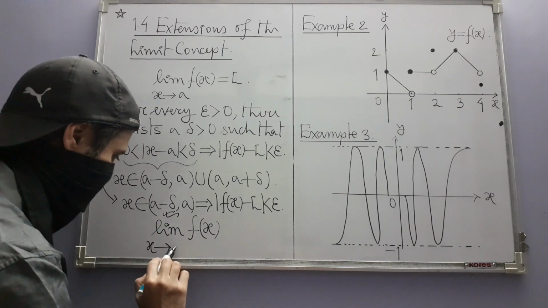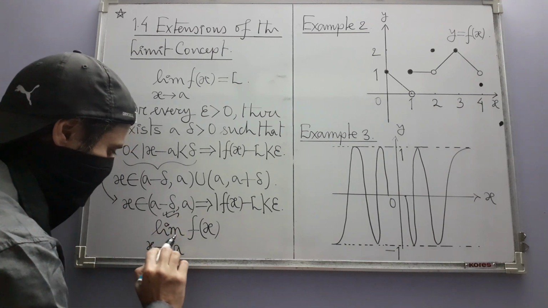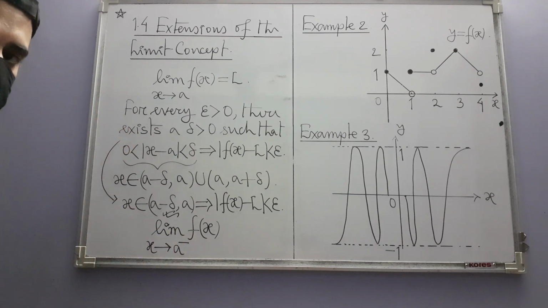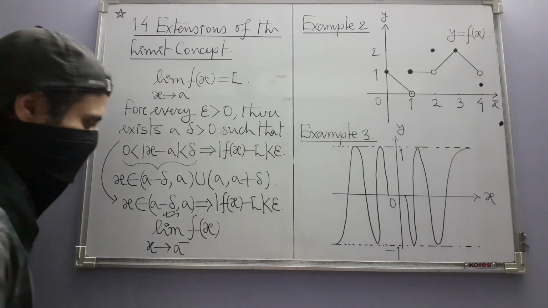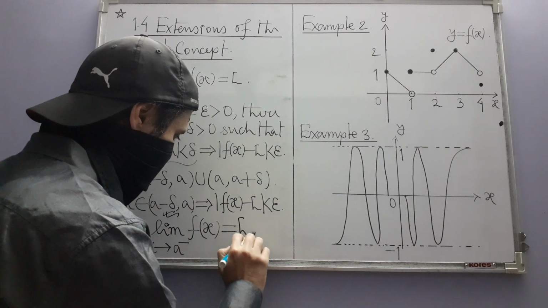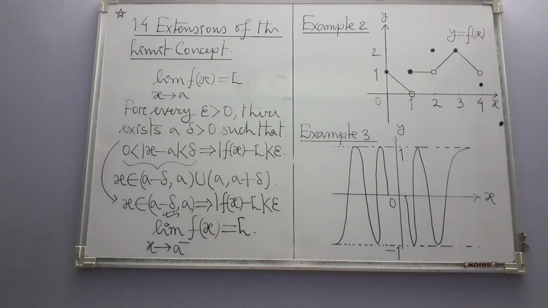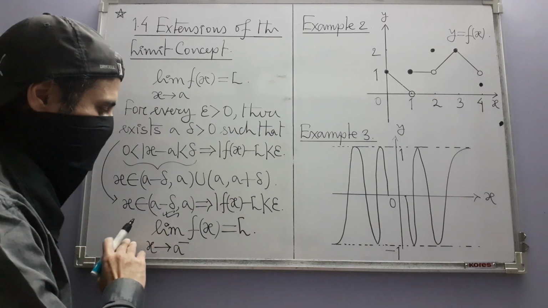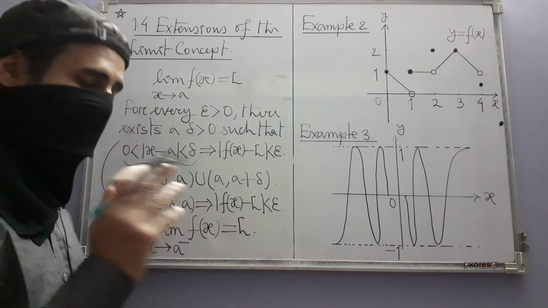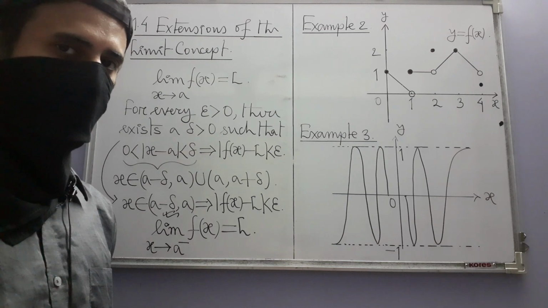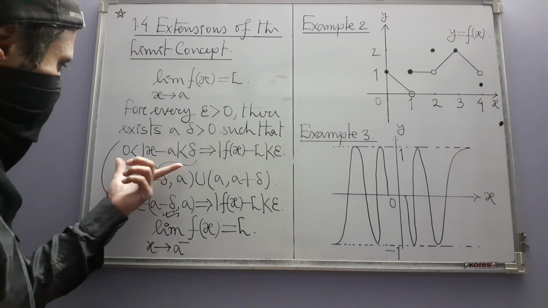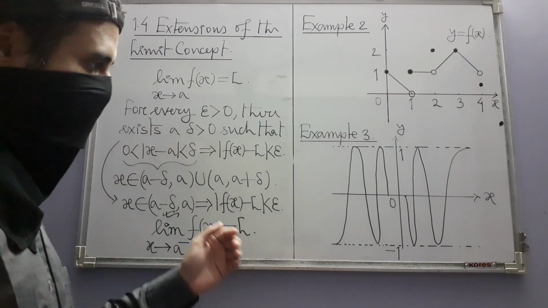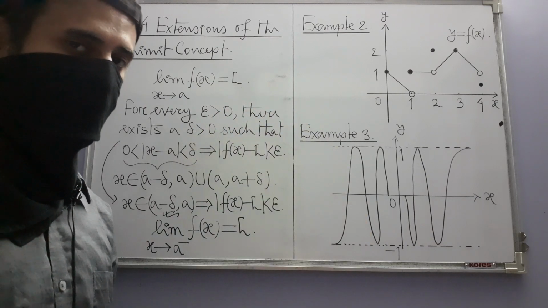To indicate that we are considering only values of x which are less than a, we put a minus sign over a, as a superscript. Similarly, if one considers only the values of x that lie to the right of a, one gets the corresponding notion of a right hand limit. Okay, so that's how, tweaking the hypothesis part of this implication, we can have the new notions of one-sided limits.